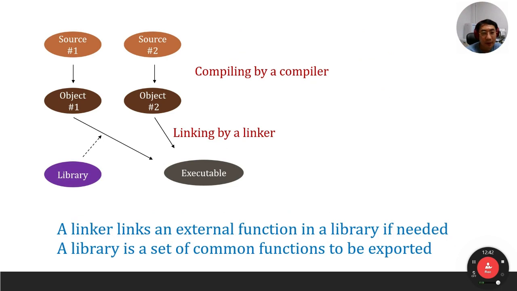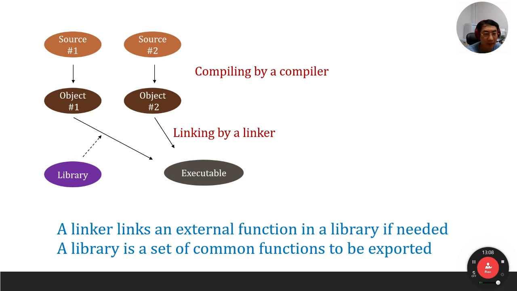The compiler compiles the source code to produce an object file. The linker links all the object files. And if a library is required inside the executable, then the linker links an external function in a library if required.